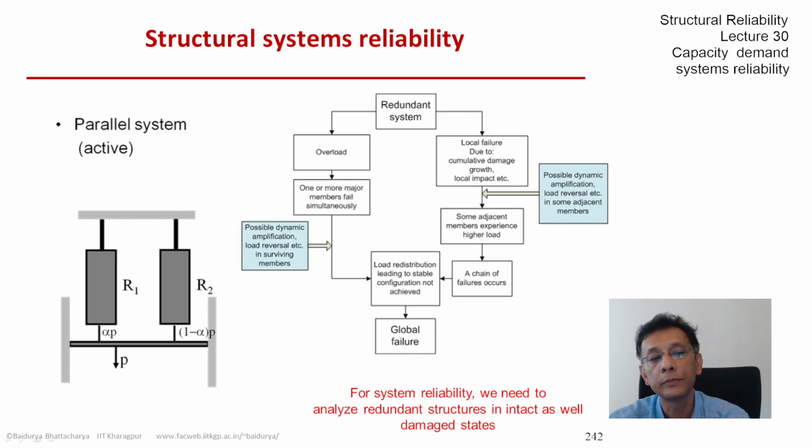On the other end of the spectrum, the material can be ductile and it flows perfectly, and at failure, it is still able to provide some remaining resistance equal to its failure load, and that's why I said the other member needs to pick up the slack. So let's work through these and see, even for this very simple two-member active parallel system, what sort of insights we can get.